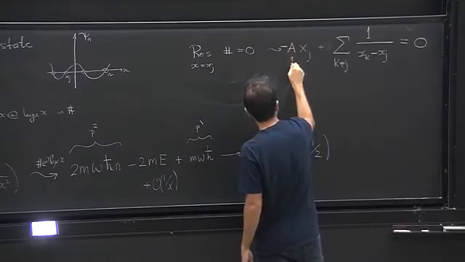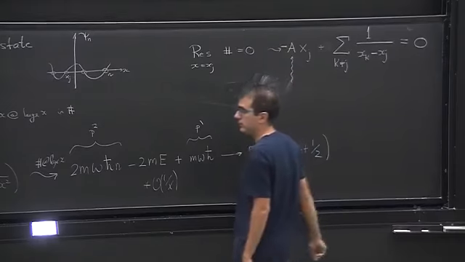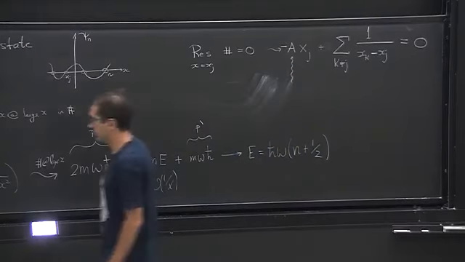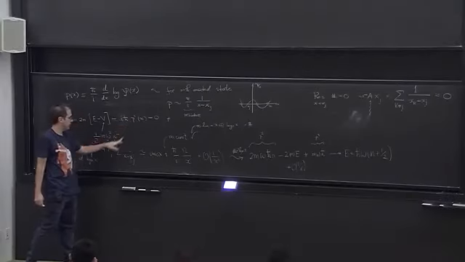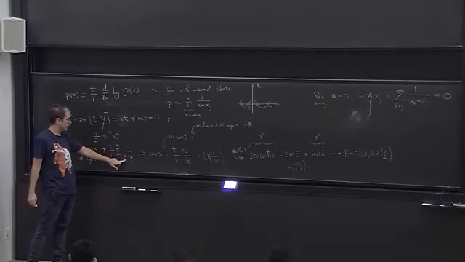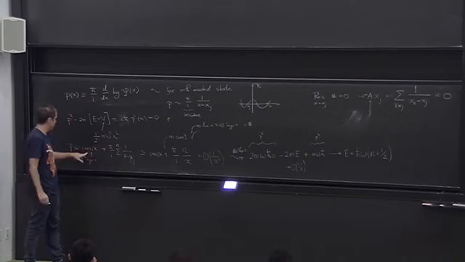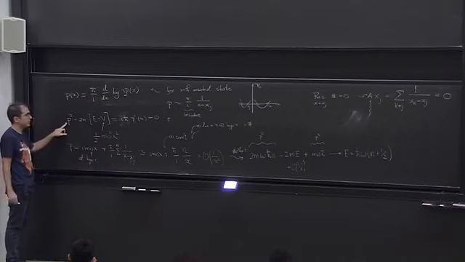Where this a is, let's compute this. The residue: p prime has only a double pole, so it doesn't contribute, that's good. It's actually just from p squared.